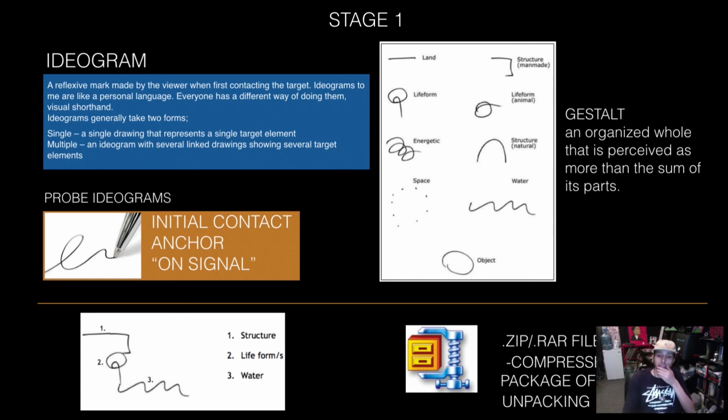So it's a compressed, encoded package of information, and that's how an ideogram is. The whole stages of CRV are about unpacking these ideograms, so to speak.